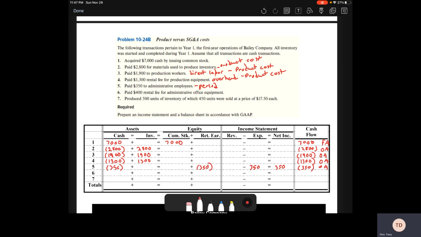Rental fee for administrative office equipment, that's again another period cost. And I don't have enough lines here, so I'll have to make sure you guys get that. Again, that's an administrative expense.